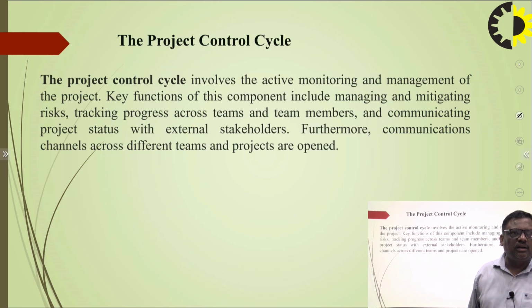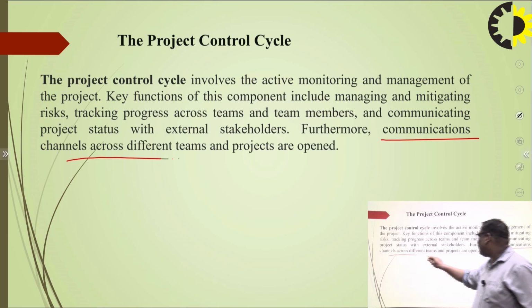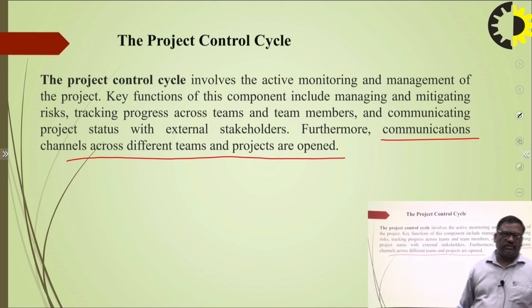Control cycle is the active monitoring and control process. The key functions of the component include managing and analyzing the risk, tracking the process control part, involving team members and stakeholders, both internal and external, and providing a communication channel across the different teams and project stakeholders.